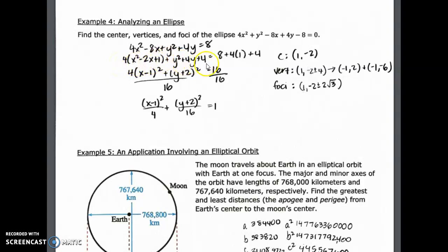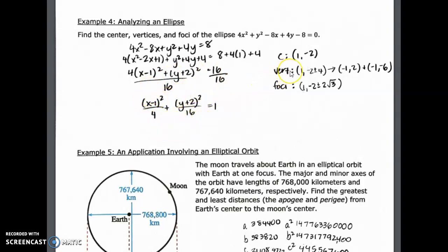This one, I can complete my square directly. Whatever I use to complete my square with, I need to add to the right side as well. I factor to get my matching binomial terms and combine like terms, and then divide by whatever this number is to get 1 over here on the right, which gives me a standard form equation here.